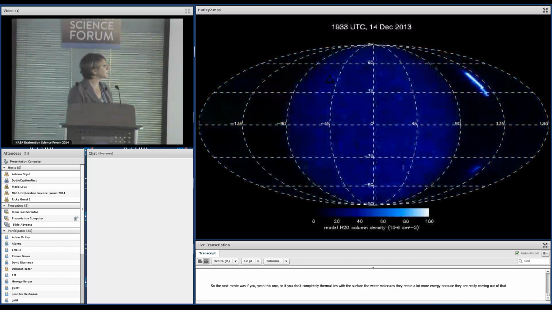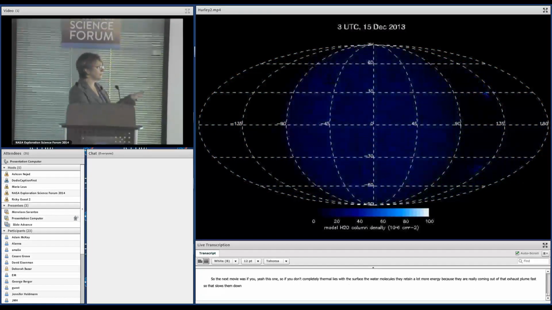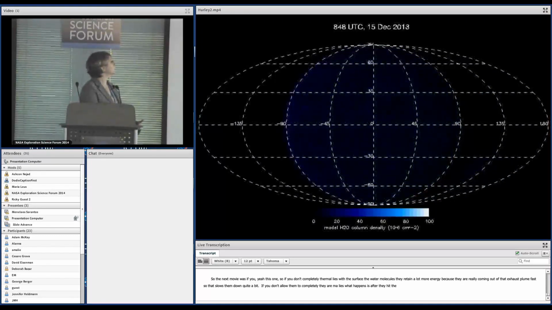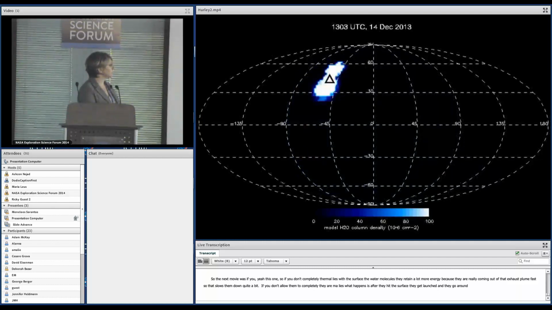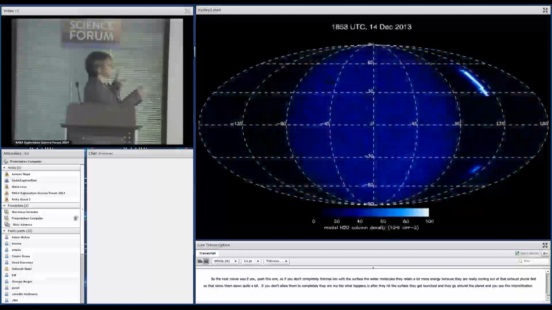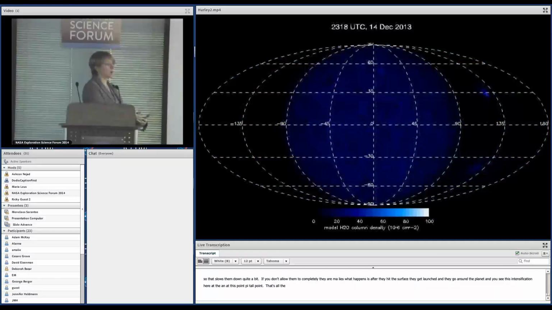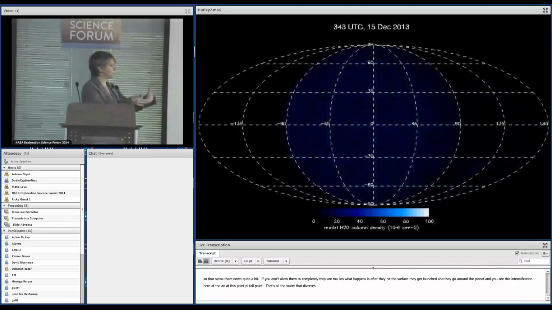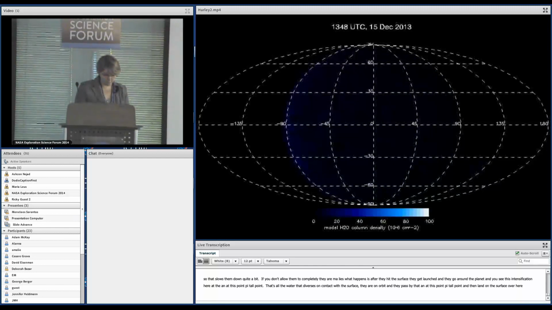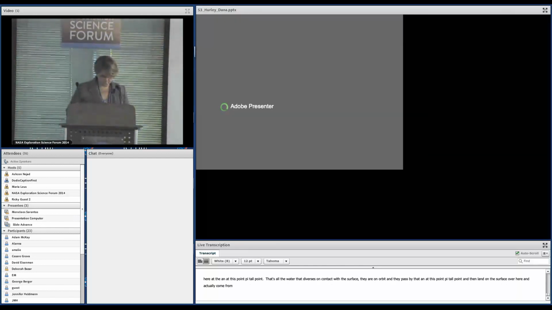So if you don't allow them to completely thermalize, what happens is after they hit the surface, they get launched and they go around the planet. And you see this intensification here at the antipodal point. That's just all the water that diverges on contact with the surface. They're on orbits and they pass by that antipodal point and then land on the surface over here and actually come from the other direction. Okay, so now I'm going to go back to the slides.